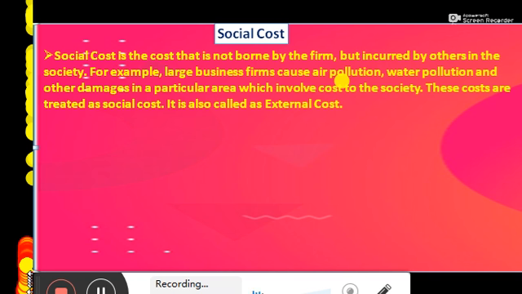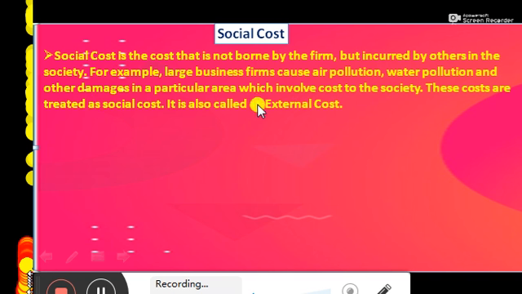Social cost is the cost that is not borne by the firm but incurred by others in the society. For example, a large business firm causes air pollution, water pollution and other damages in a particular area which involves cost to the society. These costs are treated as social cost.